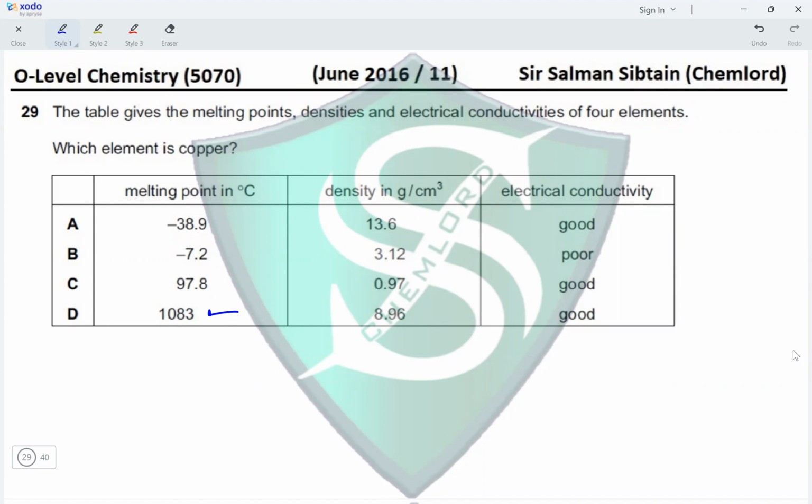Density of transition metal should be high as well. So, options A and D have high densities. A does not have a high melting point, so A has been eliminated already. And as far as electrical conductivity is concerned, metals have a good electrical conductivity, making option D the correct option for this question.